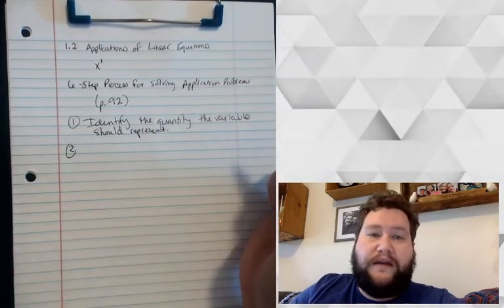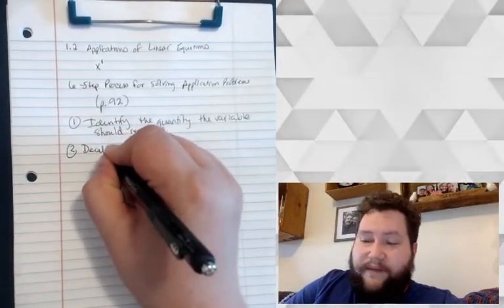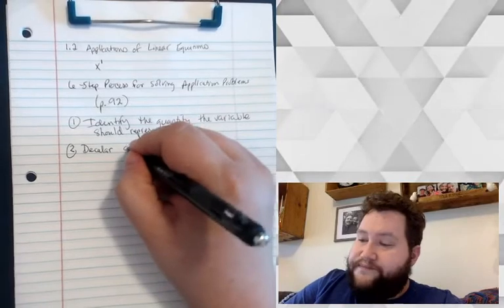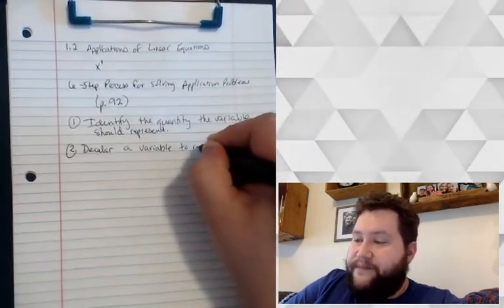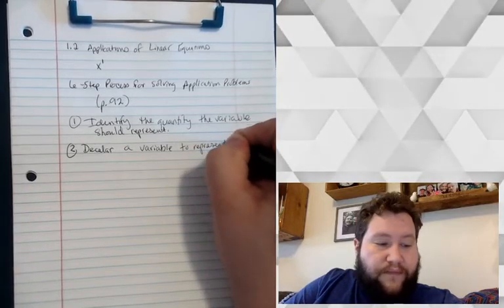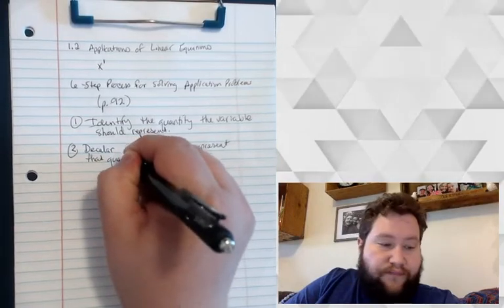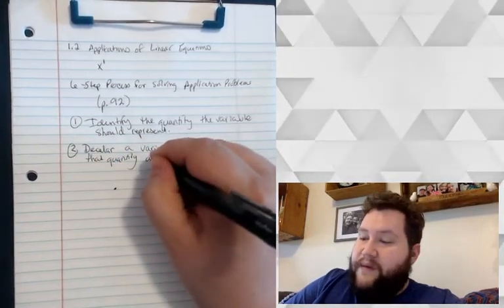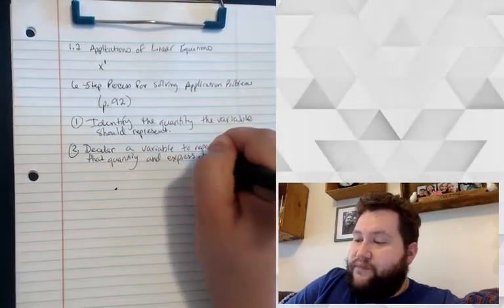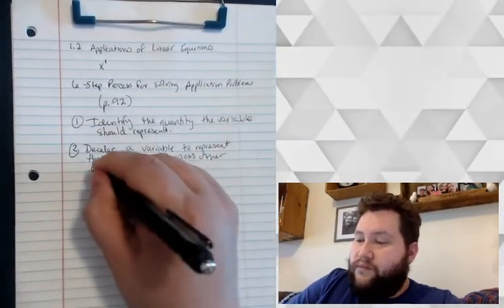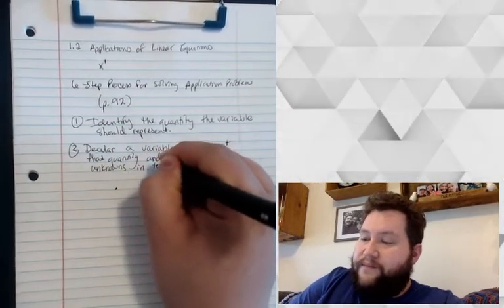So identify the quantity the variable should represent, and then we're going to do what's called declare a variable to represent that quantity, and we're going to express any other unknown quantities in terms of that variable.